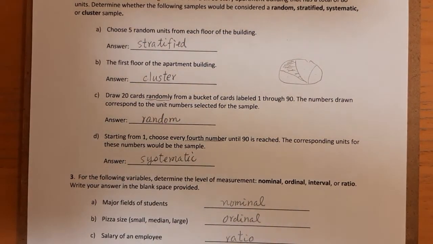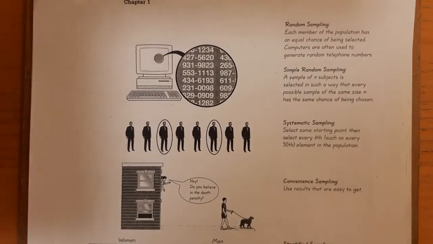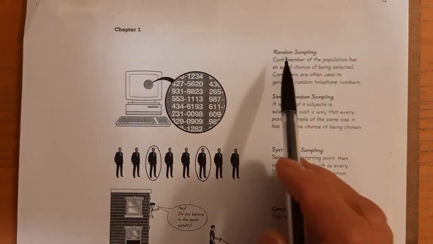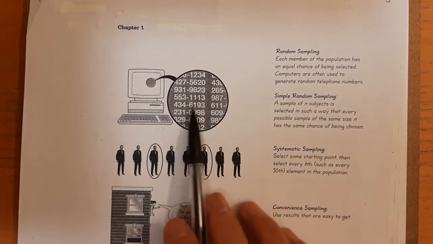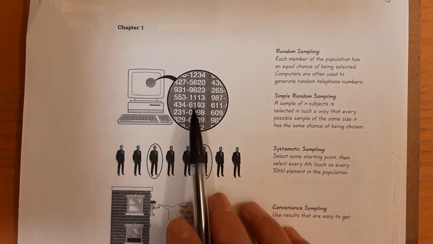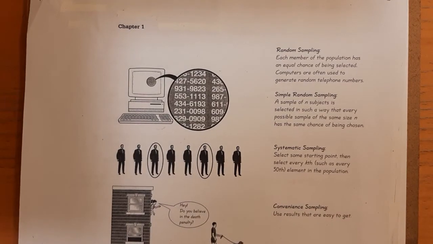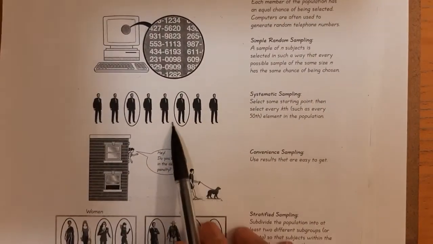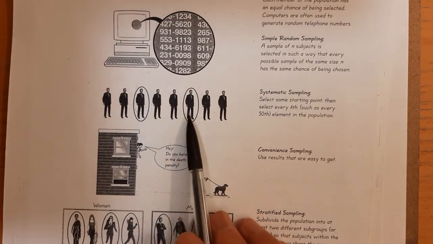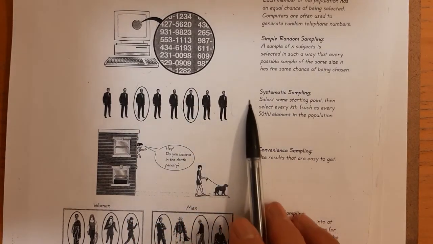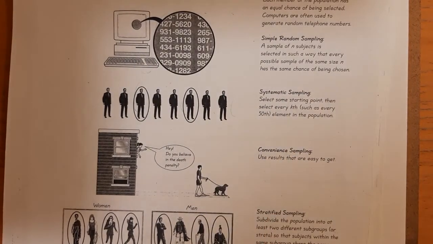We learned in chapter 1, we have these examples. Random sample like this, computer generated telephone numbers, is randomly selected, that's random sample. Systematic is every third being selected, that is systematic sampling.